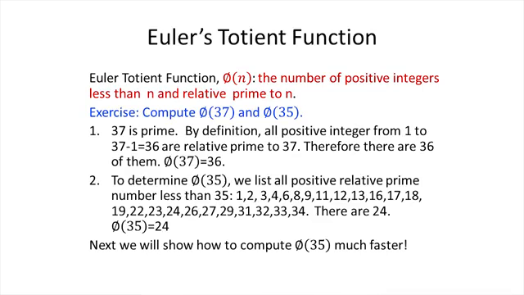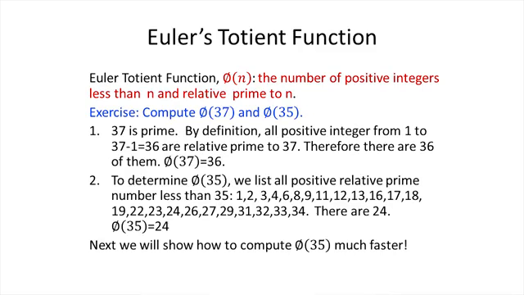The Euler Totient function phi of n is the number of positive integers less than n and relatively prime to n. Let's carry out some exercises to compute phi of 37 and phi of 35. 37 is a prime number.